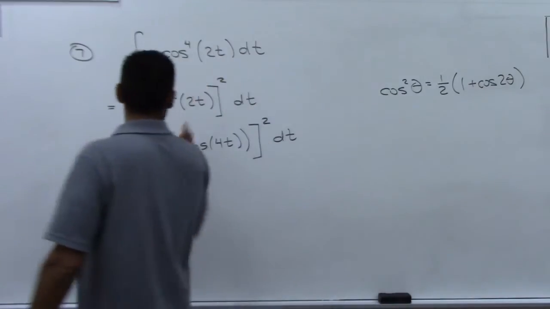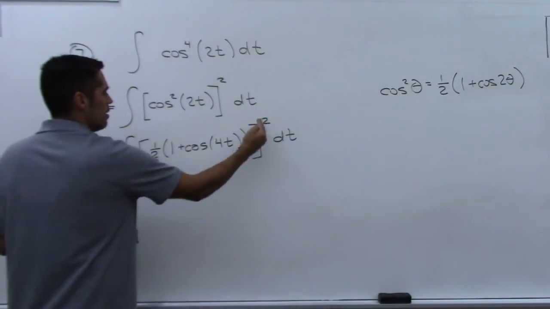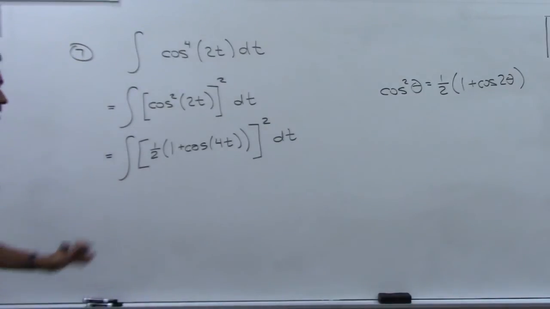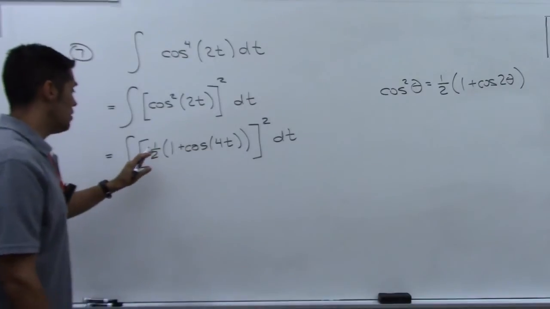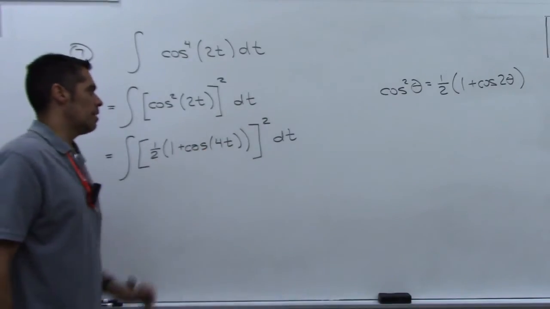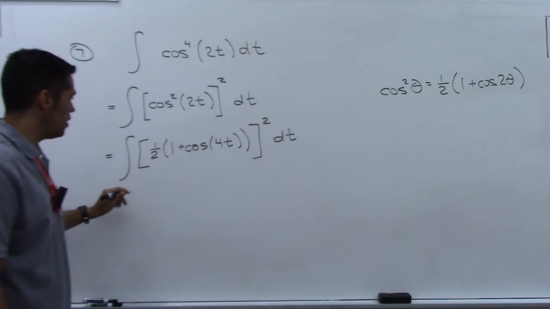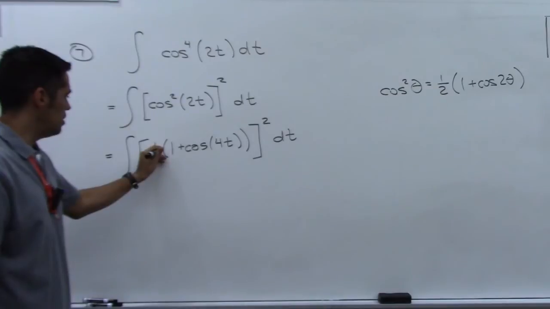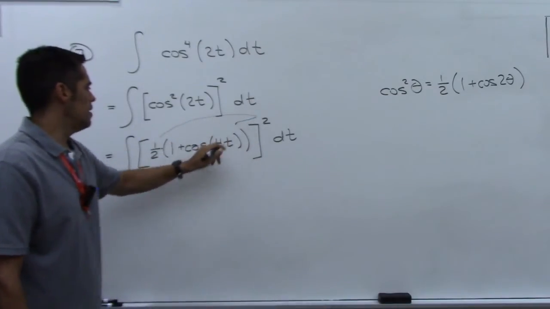So this becomes this, but it's still squared. And now I cannot integrate. I can't pull the 1/2 out even because it's being squared. I can't integrate each of these one by one because of the squared also. So let's take care of that squared. First of all, because this is multiplication, I can square this and square this.